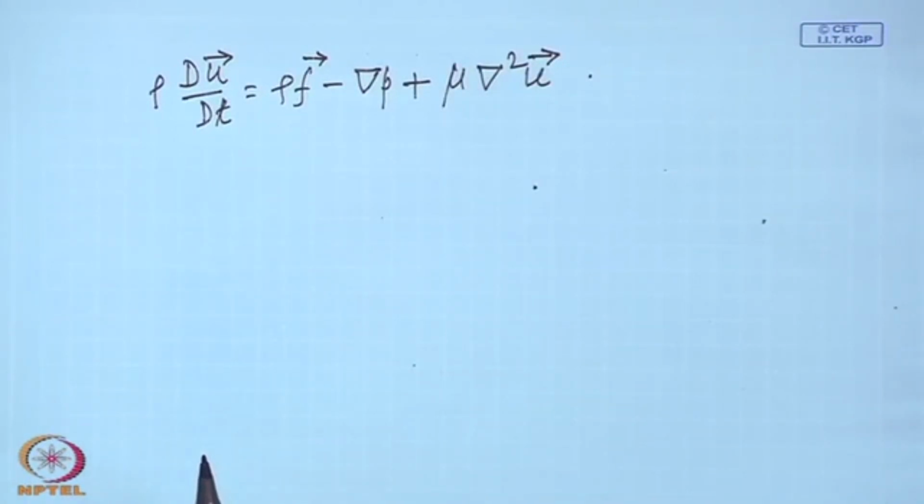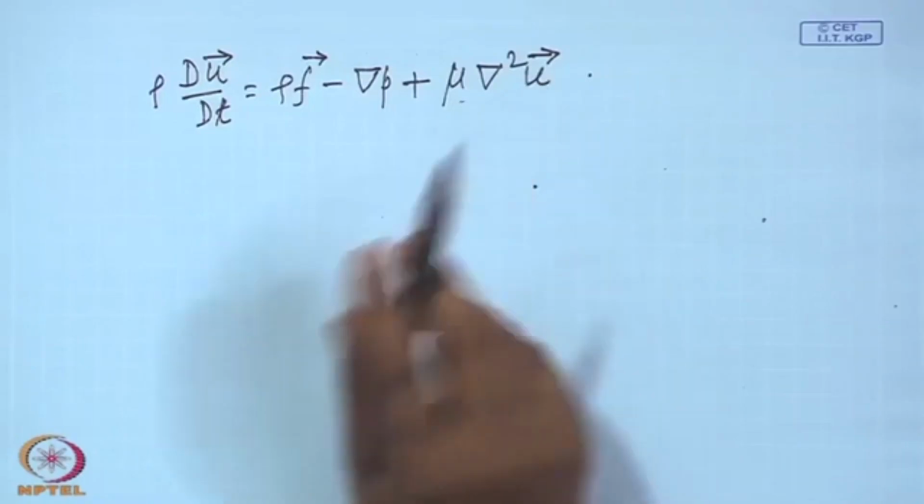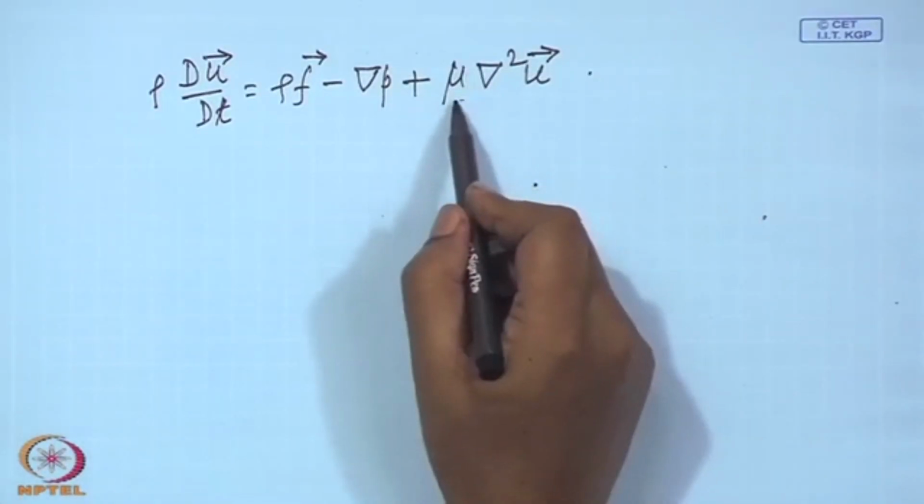They are usually called the viscous stresses. And we have already seen, while deriving the expression for the deviatoric stress tensor, that they come exclusively from the rate of strain tensor. If there is no rate of strain, then there is no shear stress or viscous stress. This we will now call viscous stress per unit volume or viscous force per unit volume.